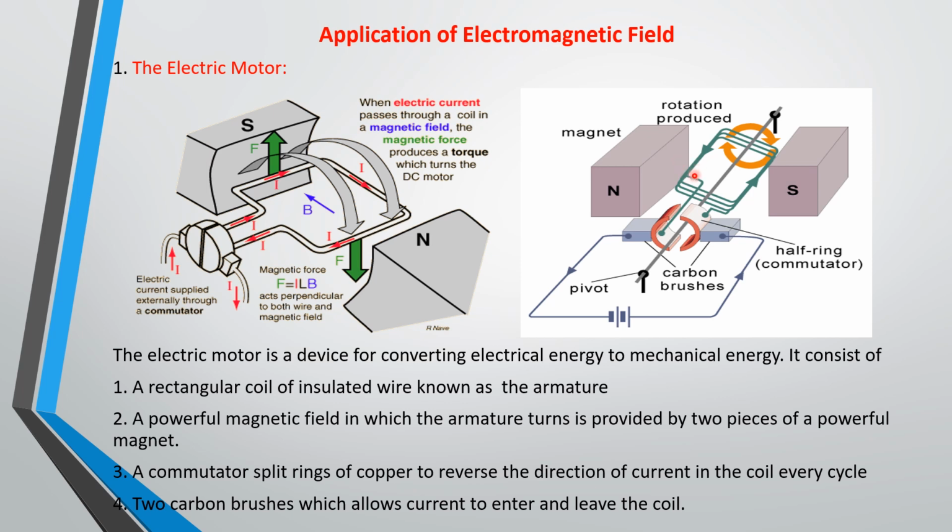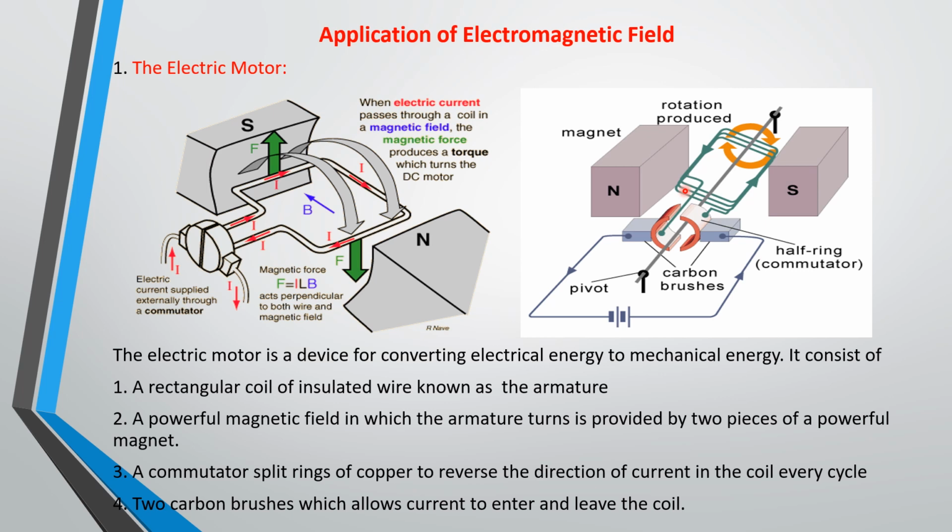We know electric motors are what we use, like our pumping machine. The pumping machine in your house is an electric motor. It converts electrical energy that you pass into it to mechanical energy, and that mechanical energy is what drives the impeller that pumps your water. So that is a typical example of an electric motor that you have in everyday use.